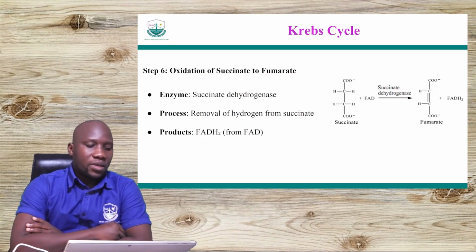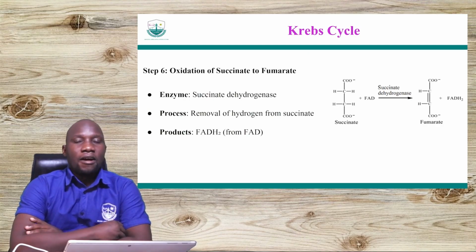And then step number 6, you have oxidation of succinate to fumarate, and still oxidation. Remember, it's about removal of hydrogen. And in this case, we are having flavin adenine dinucleotide coming in.